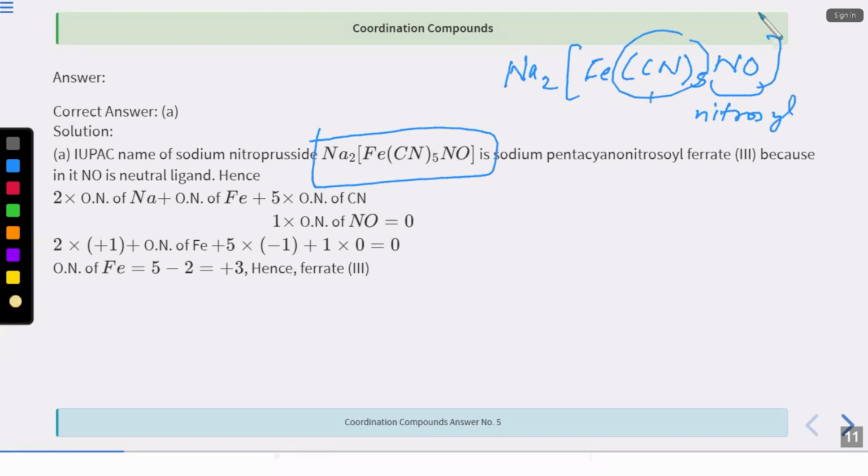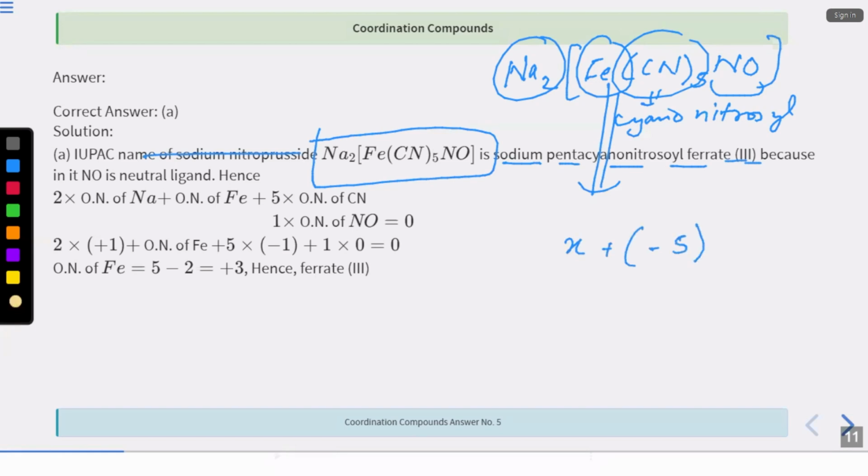This is cyano. You all know this is iron, this is sodium. Okay. So the IUPAC name of sodium nitroprusside is sodium pentacyano-nitrosyl ferrate 3. Why so? Because first let's calculate its oxidation state. Let it be X. Cyanide would be -1, so -5.